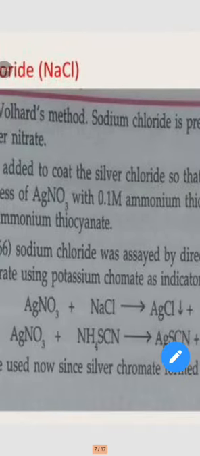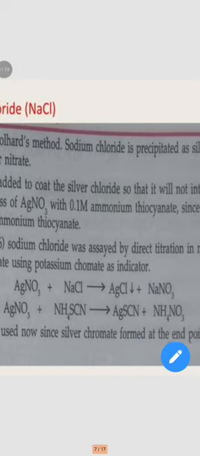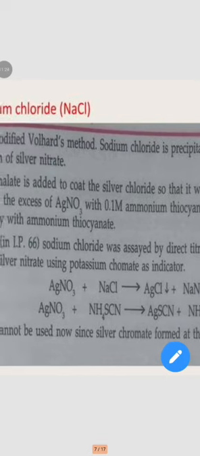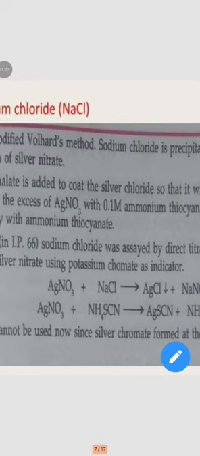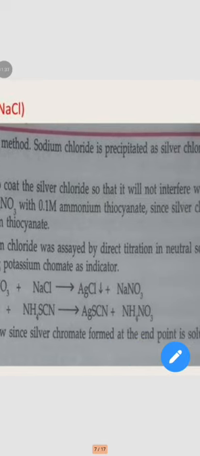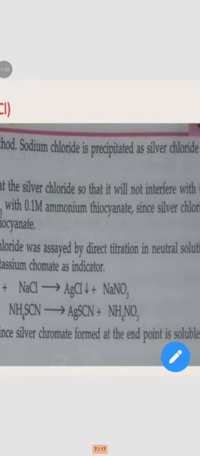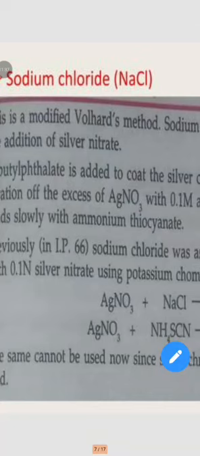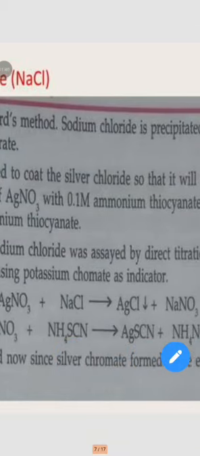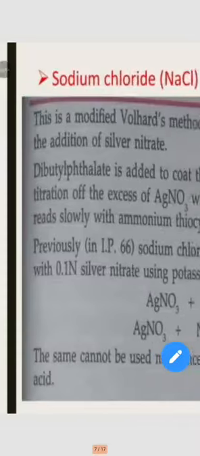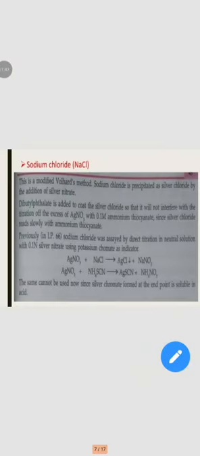So, silver nitrate AgNO3 plus sodium chloride NaCl gives the precipitate silver chloride and sodium nitrate. Then silver nitrate is reacted with ammonium thiocyanate NH4SCN to give AgSCN, silver thiocyanate, plus NH4NO3. The same cannot be used now since the silver chromate formed at the end point is soluble in acid.